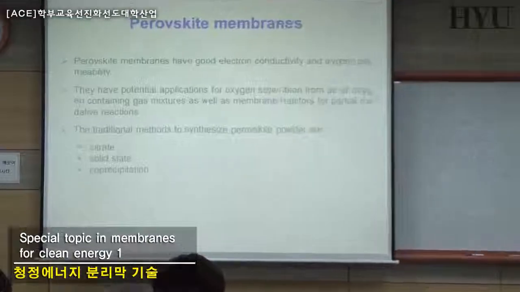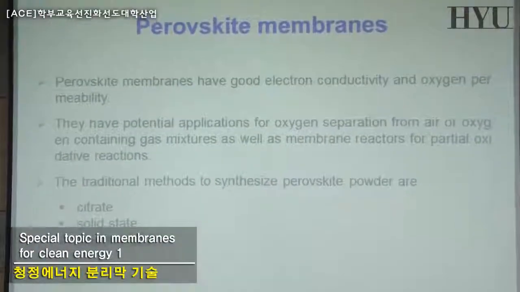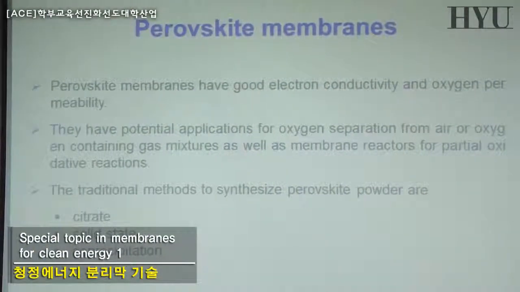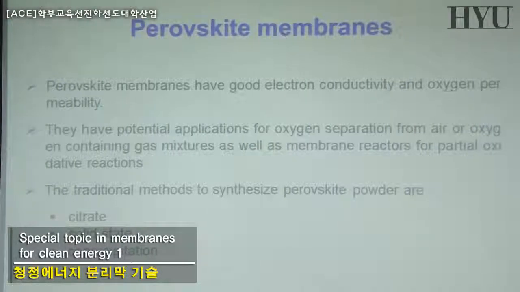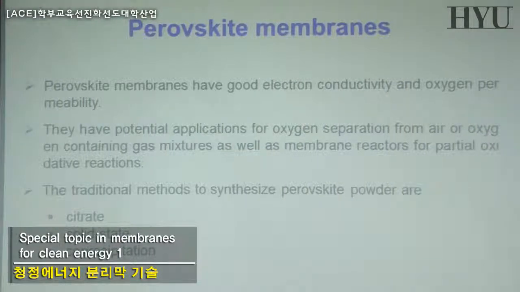Usually this perovskite membrane has several metallic and oxide structures, and it's not simple, but it has very fine structures. They have a potential to separate the oxygen from air, and oxygen conducting gas mixtures could be used for the membrane reactor at high temperature.